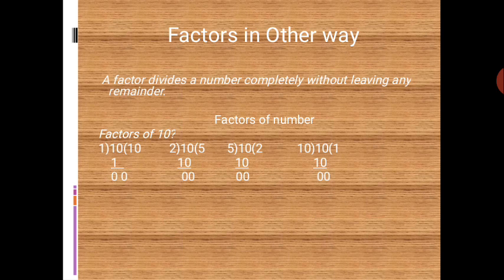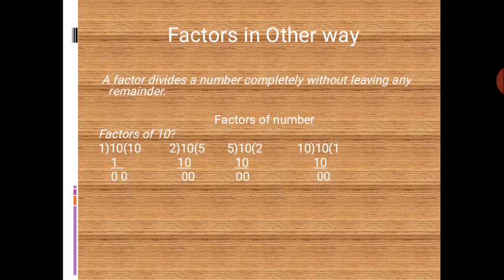Now we will divide 10 by 5. Then we will have a factor as 5 because the remainder here is equal to 0. So 5 is also a factor of 10. If we divide 10 by 6, 7, 8 and 9, then we will get a remainder other than 0. So these are not the factors of 10.